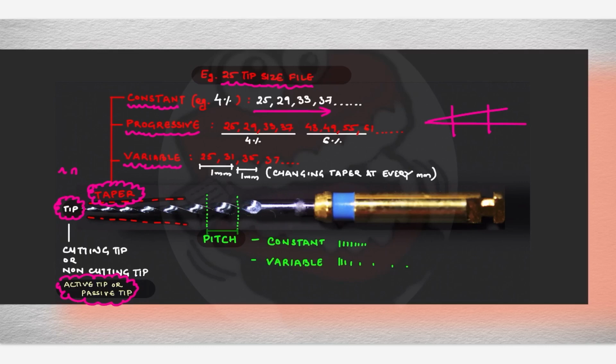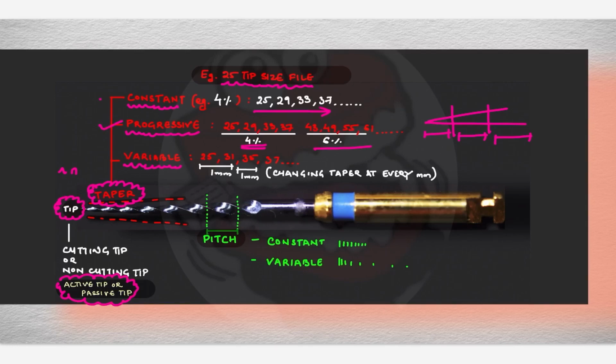The initial 5 millimeters will have a 4% taper, that is, the constant increase would be 25, 29, 33, 37, and then it would be a 6% increase over there, and like this 43, 49, 55, 61, and then it might be an 8% taper. So this is a progressing taper in a few sections of the file. This is referred to as the progressive taper.